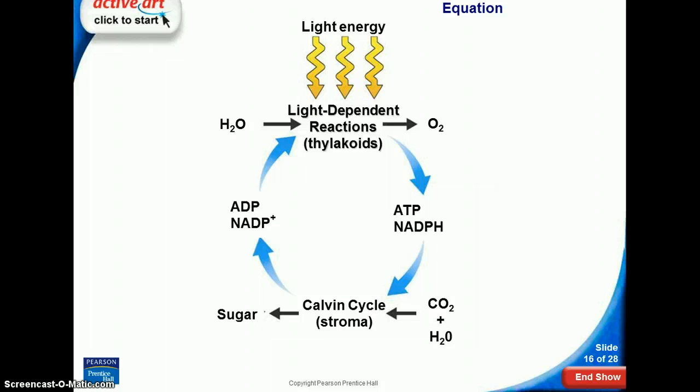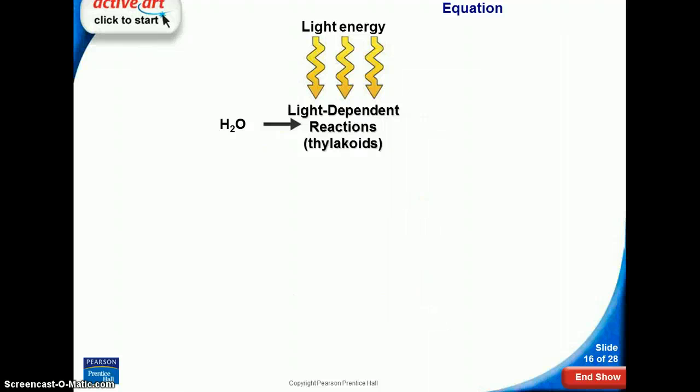Okay, so let's just go through that one more time. The sunlight hits part of the plant cell called the thylakoid, and we'll go through what that structure looks like shortly. Water is required for that. As a product, we have oxygen. ATP is made in that reaction along with something else that's called NADPH.